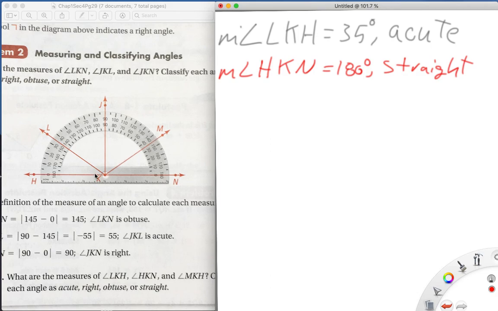You look at the H, go all the way over here, and it stops at 135. So the measure of angle MKH equals 135 degrees. And since it's between 90 and 180, it is an obtuse angle.